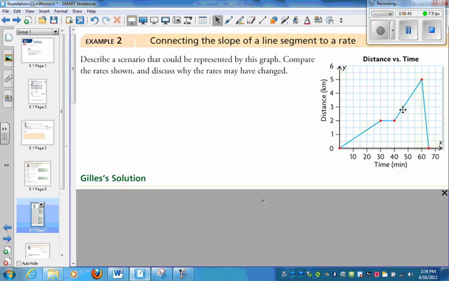I bike 3K in a faster amount of time. And then you know what I say? You know what, now's time for my workout. I am going to bike home. In 5 minutes, I am going to bike 5 kilometers home. Wow, I am quite the biker. Okay, so I gave reasons why the rate may change because I suddenly became motivated. And yeah, compare the rates. So this is slow, not moving, faster, and even faster still.